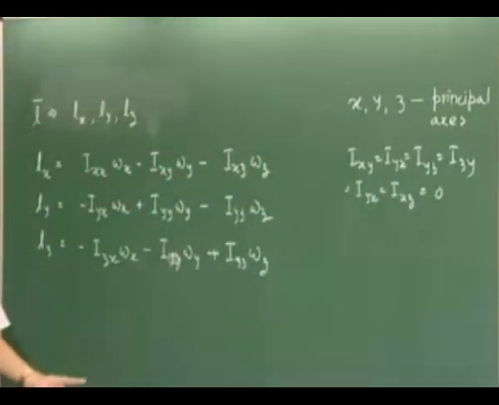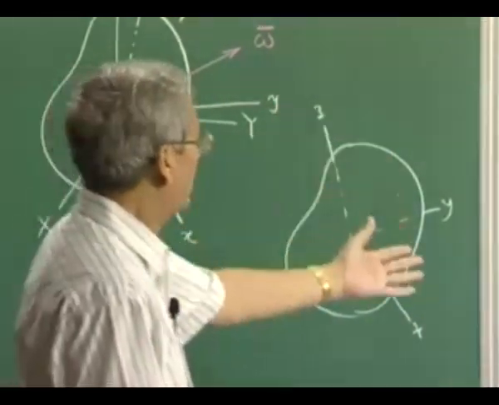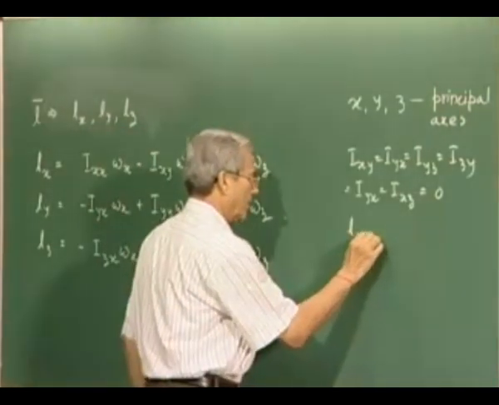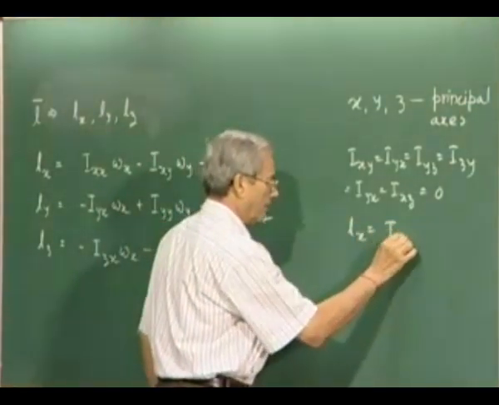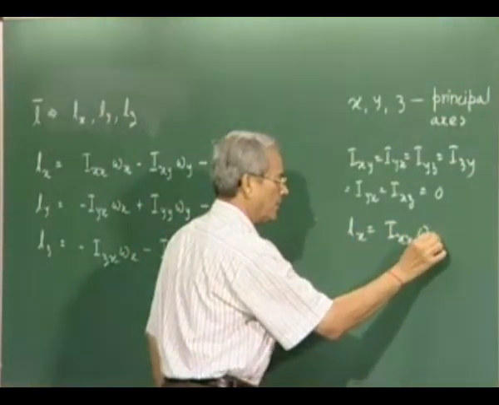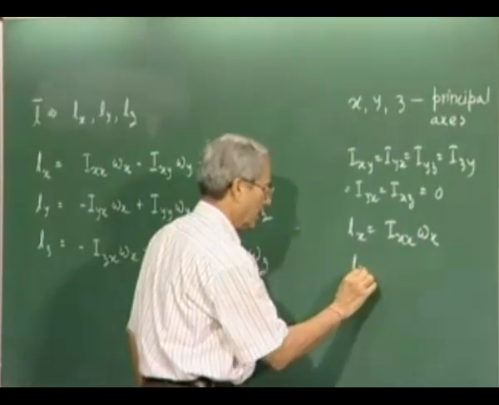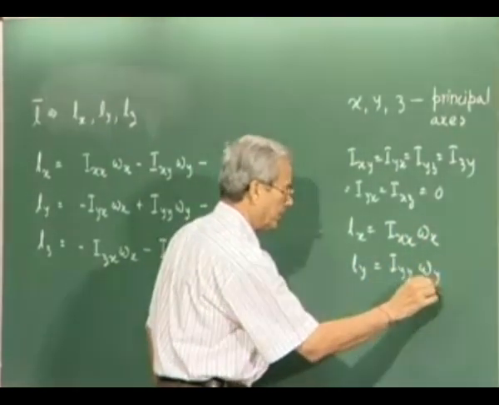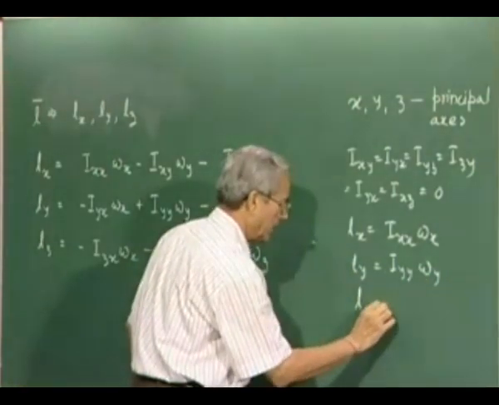So all the products of inertia vanish. Therefore, the components of angular momentum of the rigid body Lx, Ly, Lz can be represented very simply in this form.